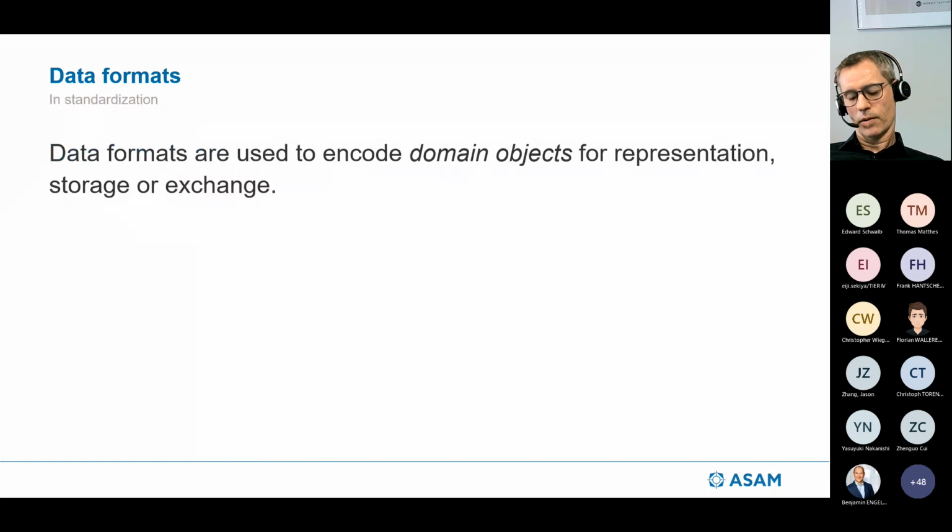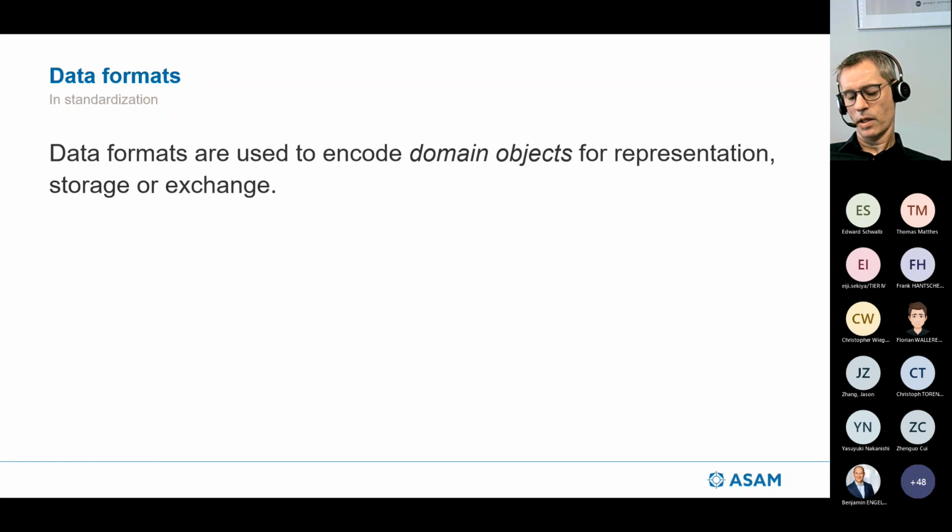Yeah. So from my point of view, whenever we are in our standardization, we standardize a specific domain. We create rules. We create a common understanding of our domain, and whatever object this domain represents, I would call that a domain object.